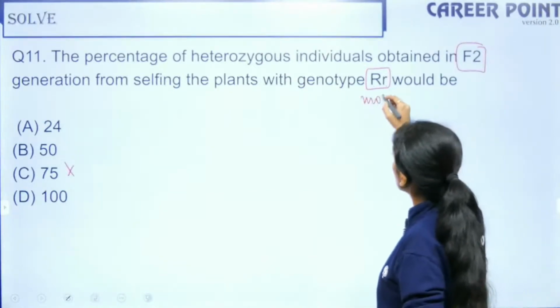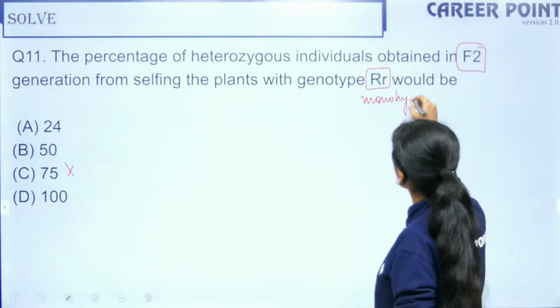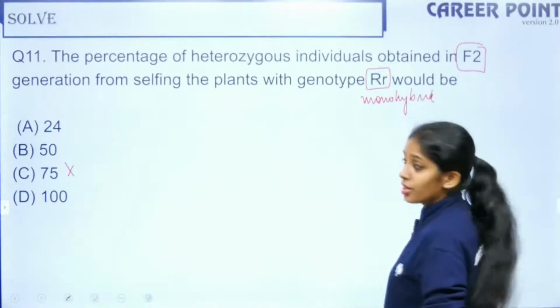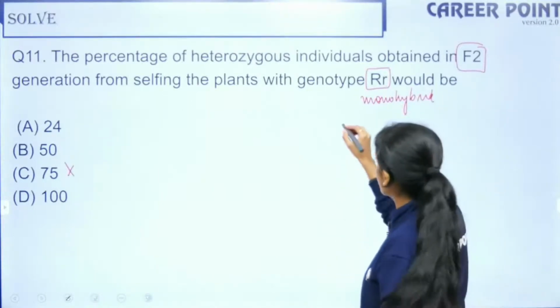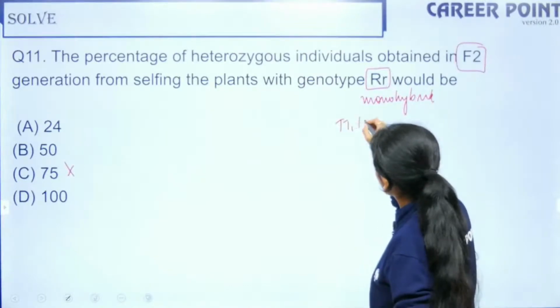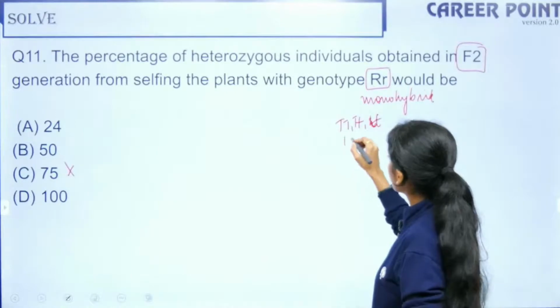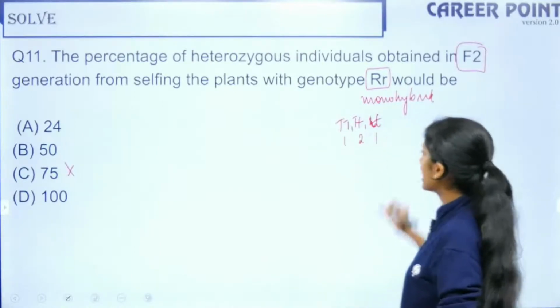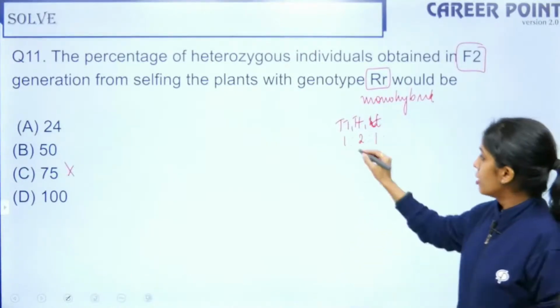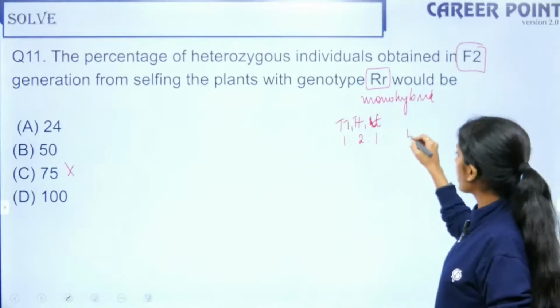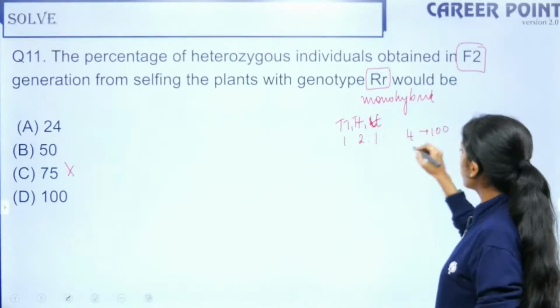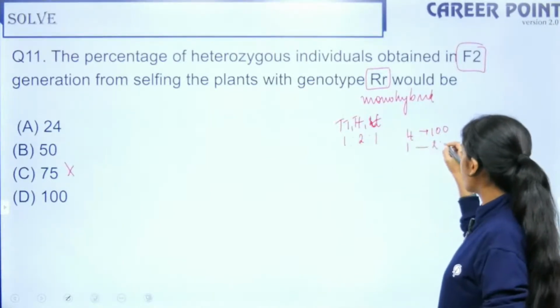This is your monohybrid cross. Together the four make 100, so the contribution of one offspring is 25.